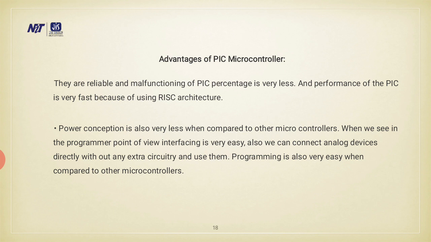Manufacturers: for 8051 NXP, Atmel, Silicon Labs, Dallas, Cypress, Infineon, etc. For PIC it is Microchip, for ATmega it is Atmel, and for ARM it is Apple, NVIDIA, Qualcomm, and so on. Cost: 8051 is very low, PIC is average, ATmega is average, and ARM is low.